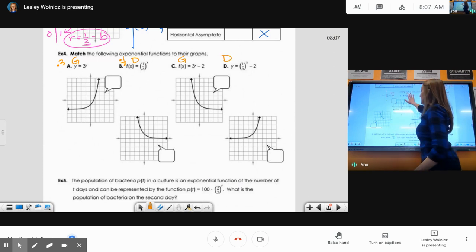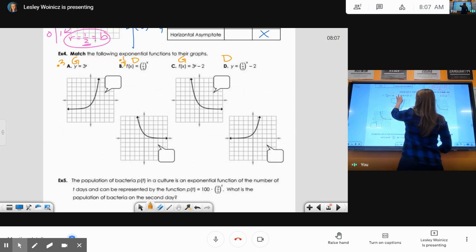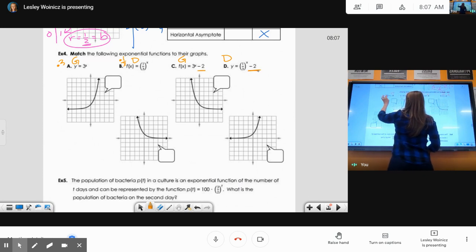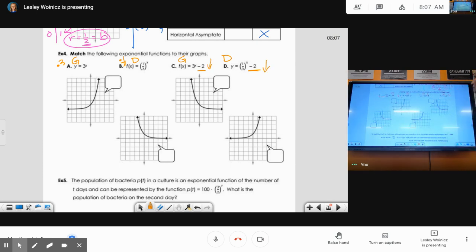Now look at C and D. They are both shifted down because they both have a D of -2. So this is shifted down and this is shifted down. So now we can match them up. For A, we're looking for one that has growth but is not shifted. So this one is growth, but look, it's shifted down 2 units.